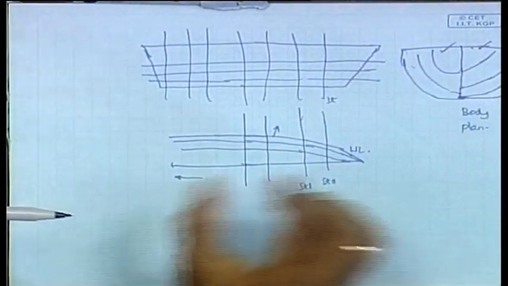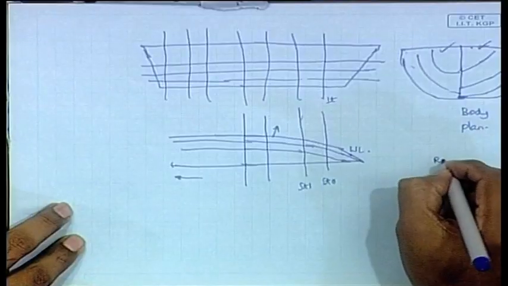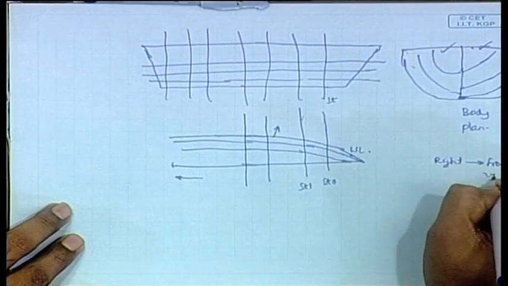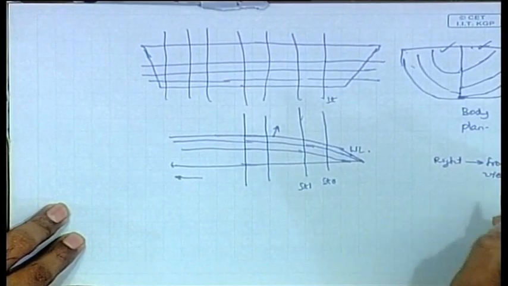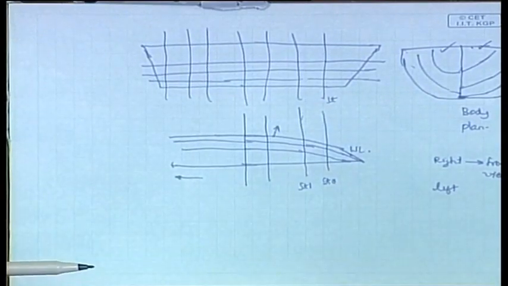So, what we do is, suppose you have a ship like this, this set of drawings represents the stations from the midsection to the front. The right side always represents the front part of the ship. Probably it will take a little bit of time for this to sink in, but the left side of the ship actually represents the aft side of the ship.